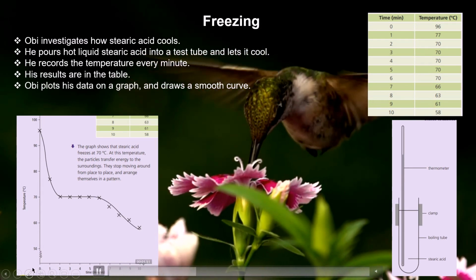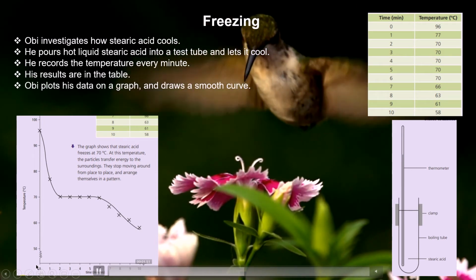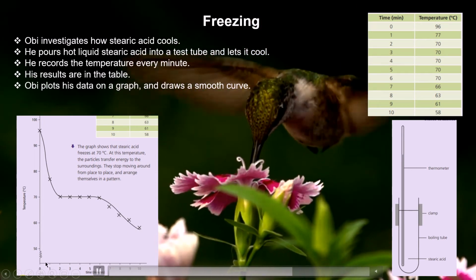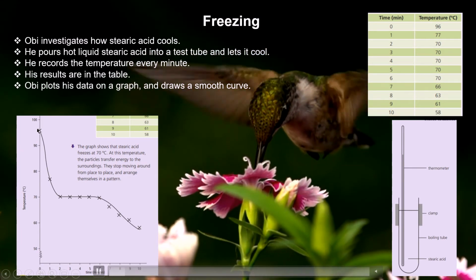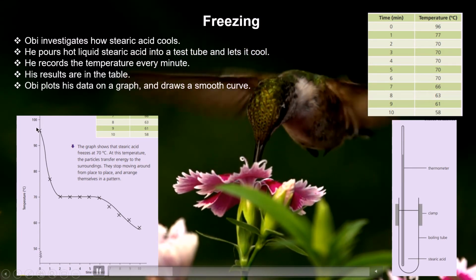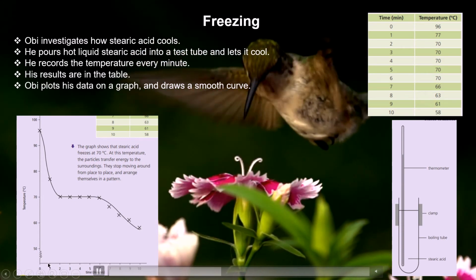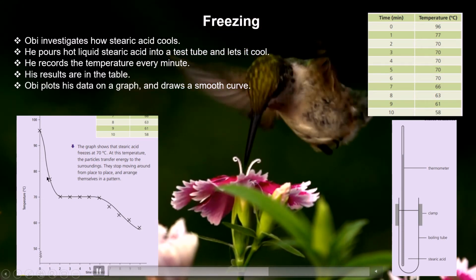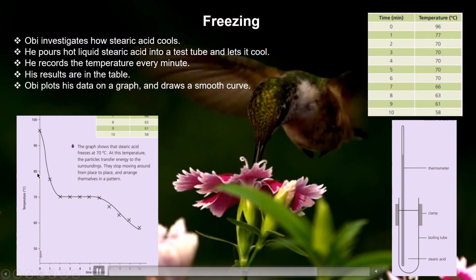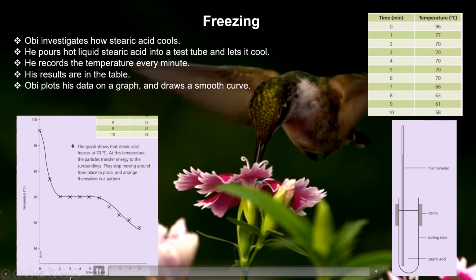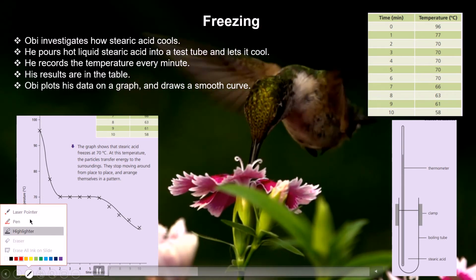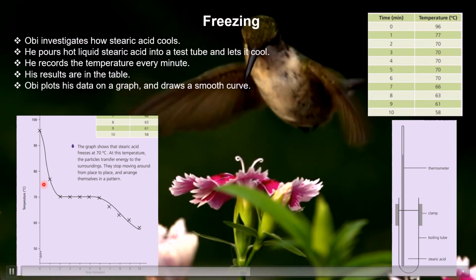His result is 96, so the results go up to 96 over here. Then comes 77, at 1 minute. So 1 comes over here, right? 77 is almost near 80 and higher than this point. I may show you by the laser as well, but it's easier if I show you by the mouse.